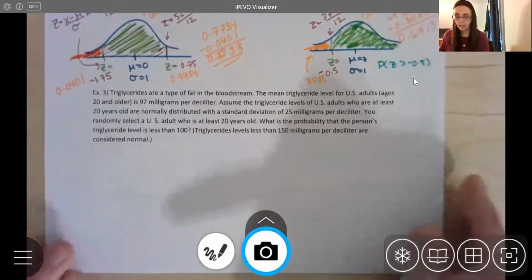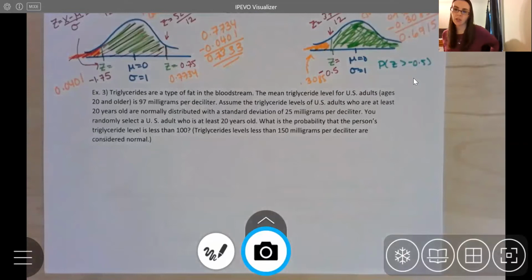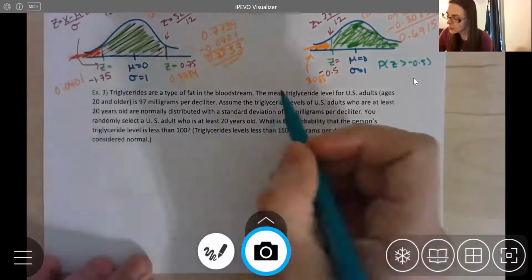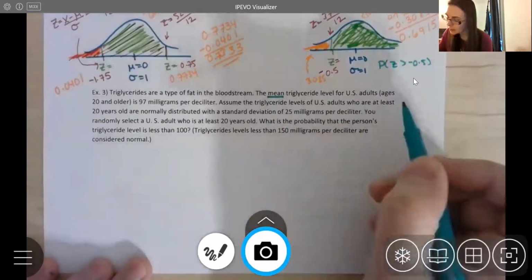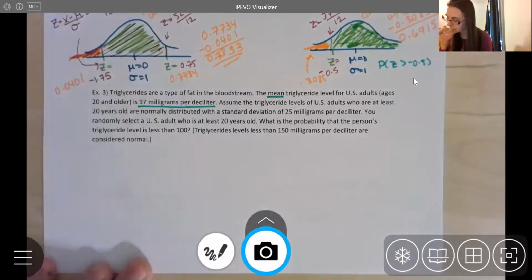All right, one final example. In this one, I'm just going to focus on technology here, but you're welcome to still convert to z-scores as well to find your values. So triglycerides are a type of fat in the bloodstream. The mean triglyceride level for U.S. adults ages 20 and older is 97 milligrams per deciliter.